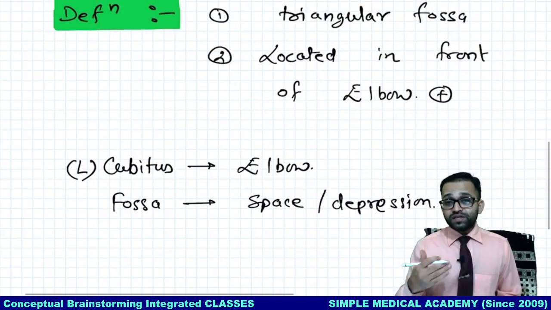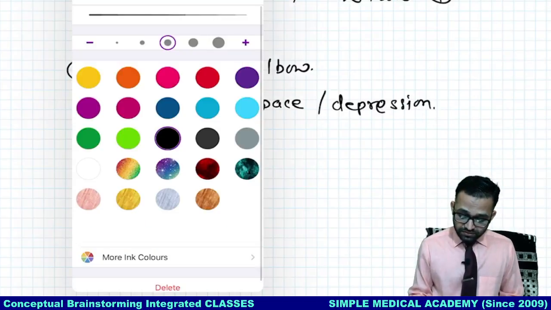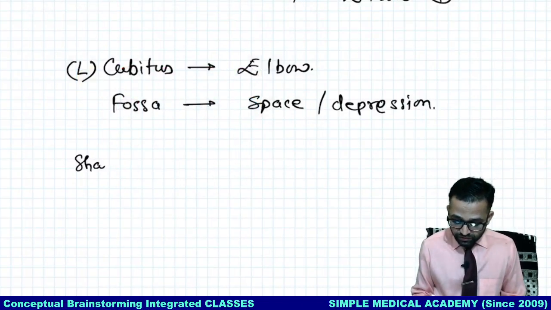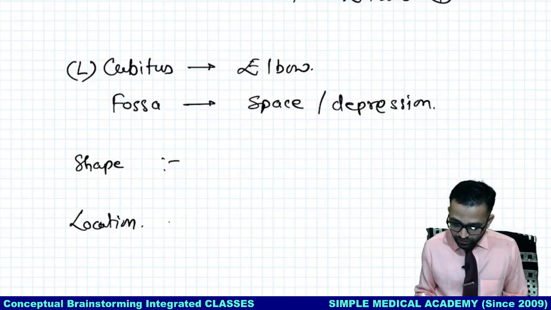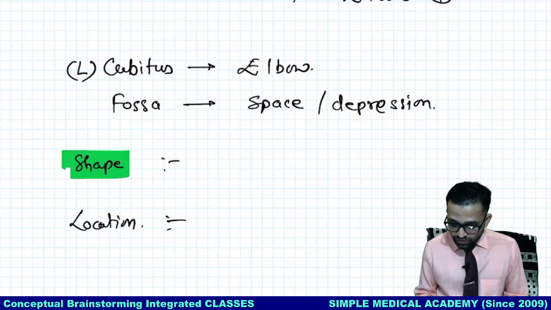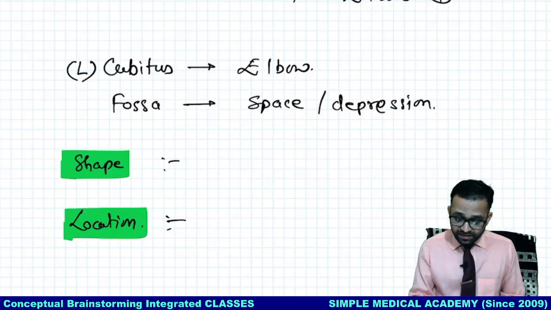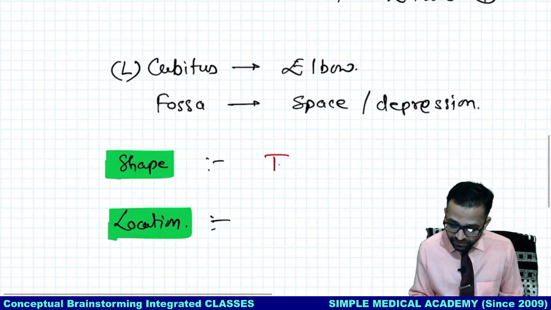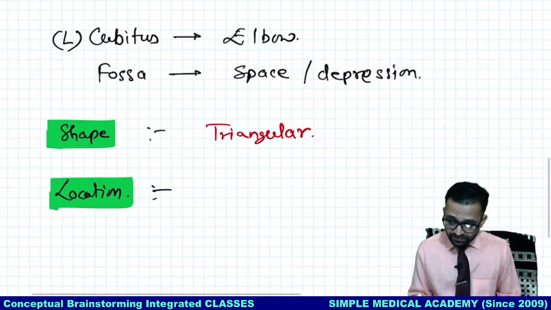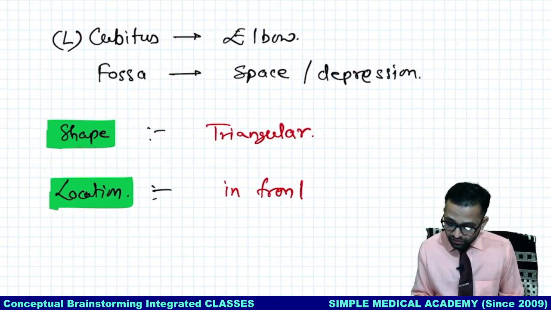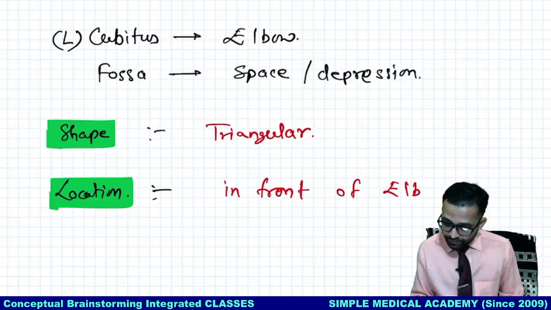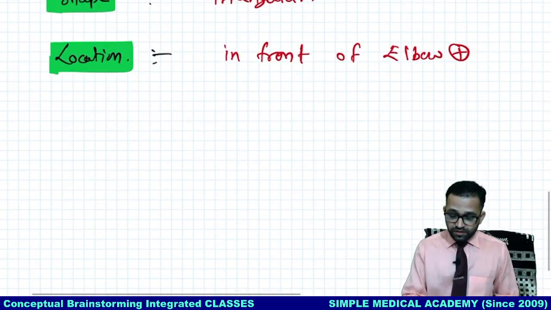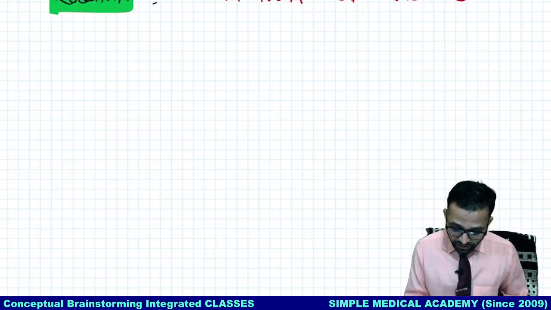And definitely, to increase the lines for your theory, you can write down the shape and the location, to present in a better way. Look, shape: it is triangular. Yes sir, we have seen in the definition it is triangular. And location: definitely in front of the elbow joint.